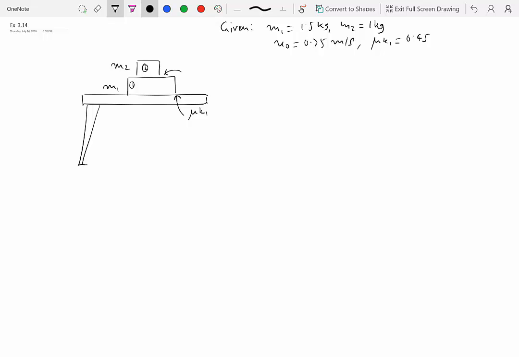So between these two books, we have both static as well as kinetic coefficient of friction given as 0.4 and 0.3 respectively.